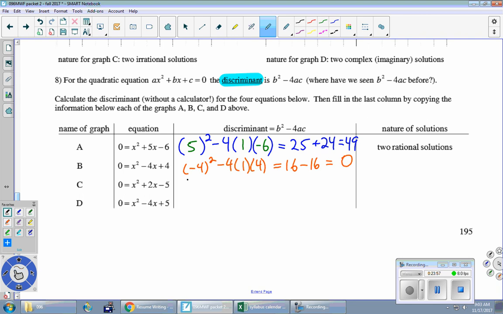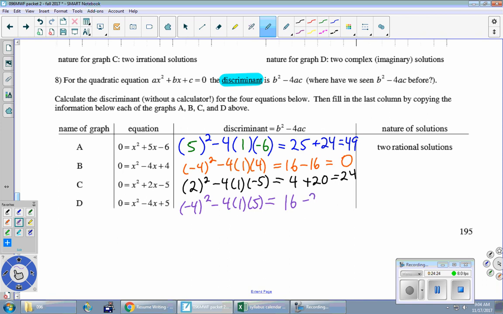Moving on to C. 2 squared minus 4 times 1 times negative 5. 4 plus 20 is 24. And in the last row, negative 4 squared minus 4 times 1 times 5. This is the one we did earlier today. 16 minus 20 is still negative 4.